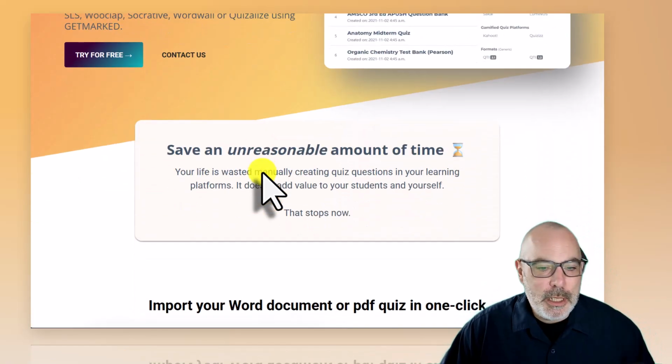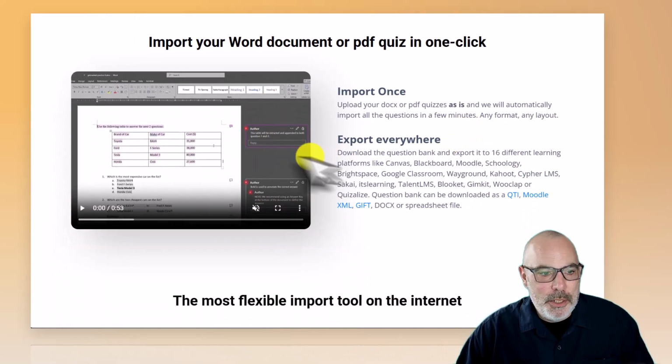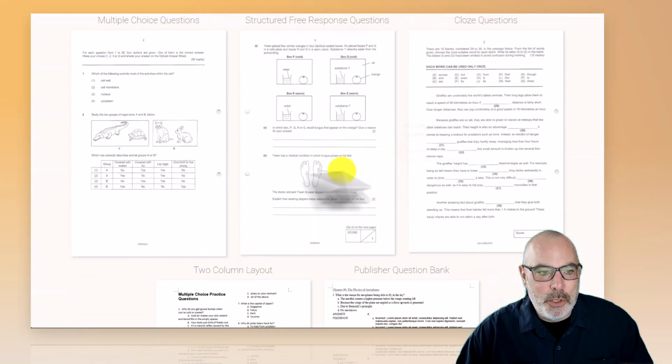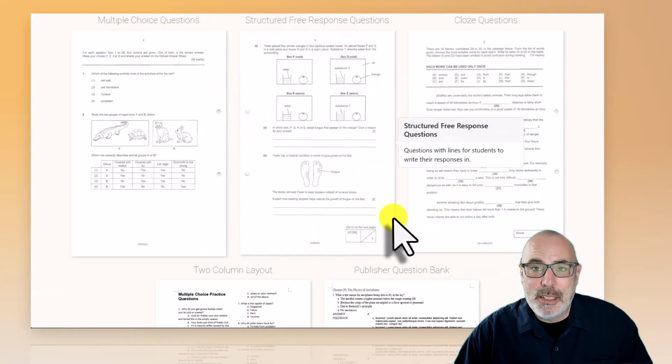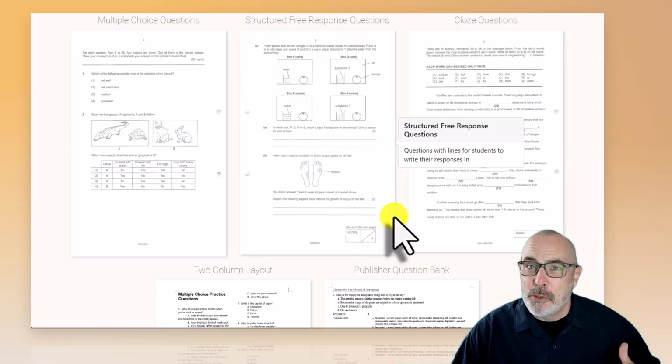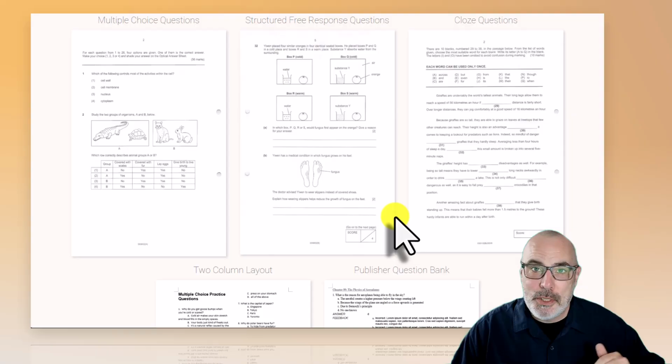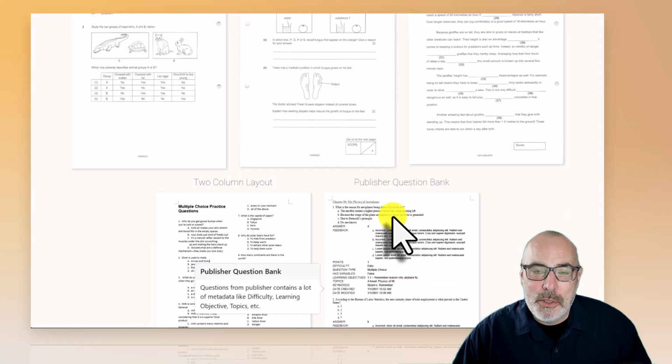So I want to browse through their homepage. They do a really nice job of showing you that I can have things in a lot of different formats. I used to use tools that were very, very strict about you have to put the questions in this format with these titles, etc. This is a lot more flexible, so it's a lot easier to use without getting into specific syntax.